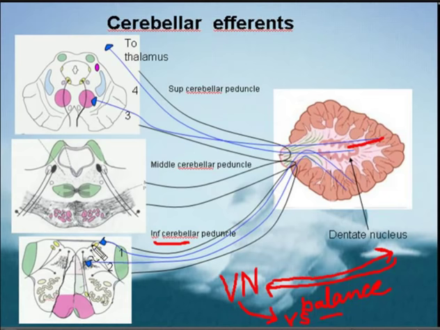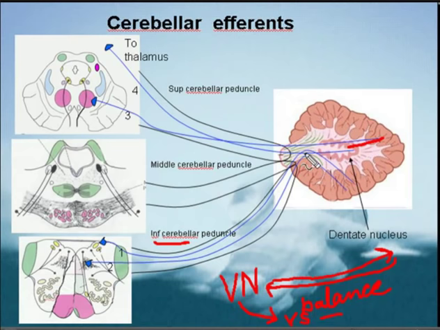The second is that from the cerebellum you have information going to the reticular formation. So this goes to the reticular formation in the pons and the medulla, mainly in the medulla. You have very few efferents traveling in the middle cerebellar peduncle, so that's why I just showed it to you in the inferior cerebellar peduncle.